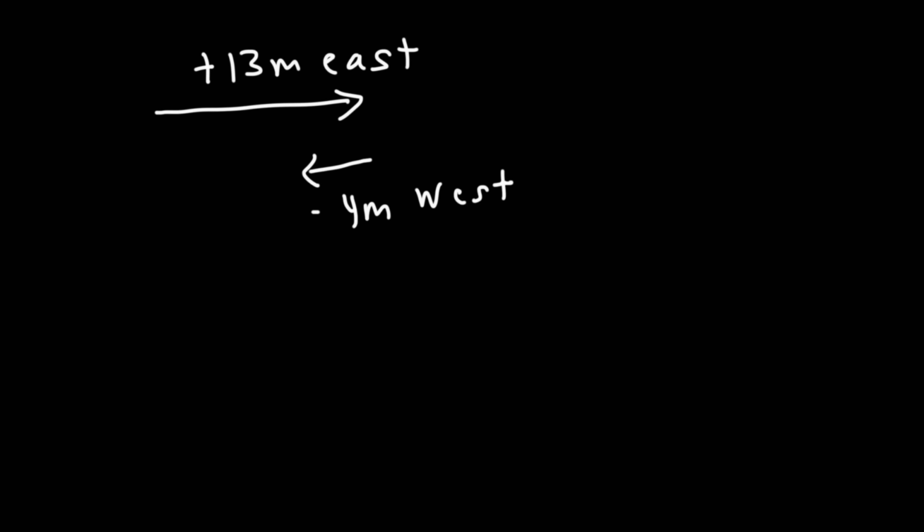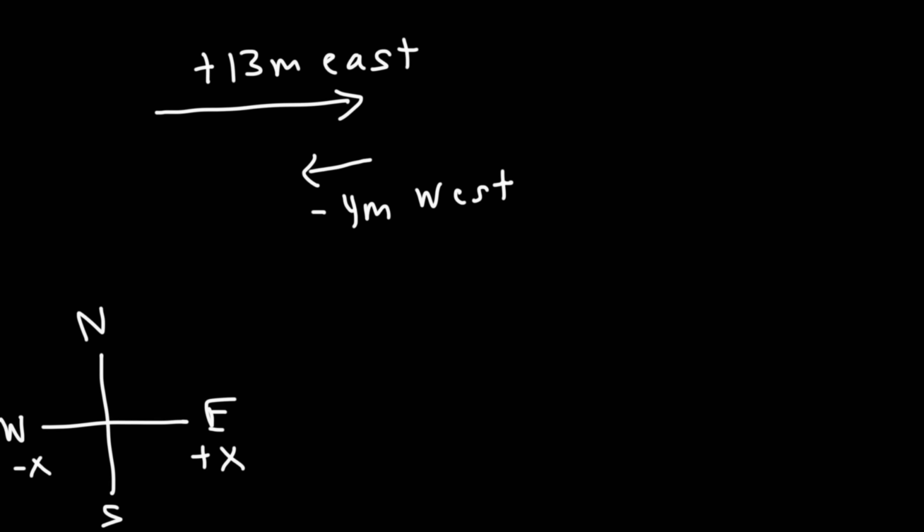We're going to add a negative sign to this because he's going towards the left. And just to review direction, north and south is along the y-axis. East and west, they're along the x-axis. So east is along the positive x-axis, west is along the negative x-axis.